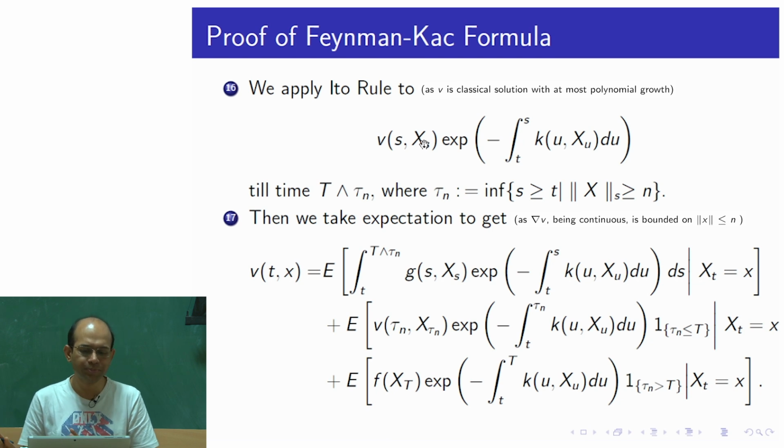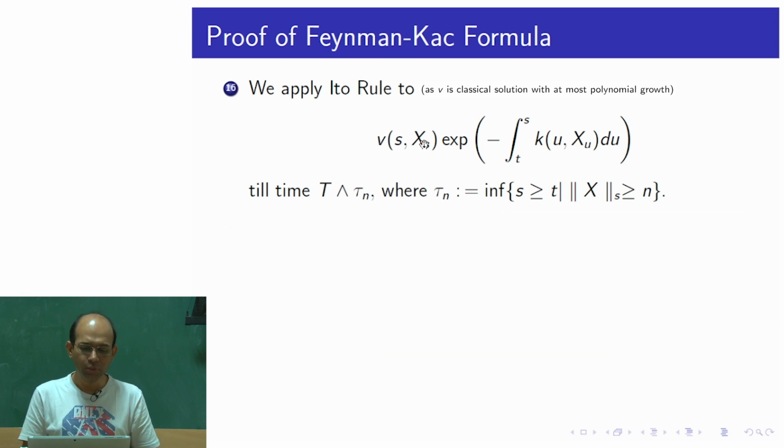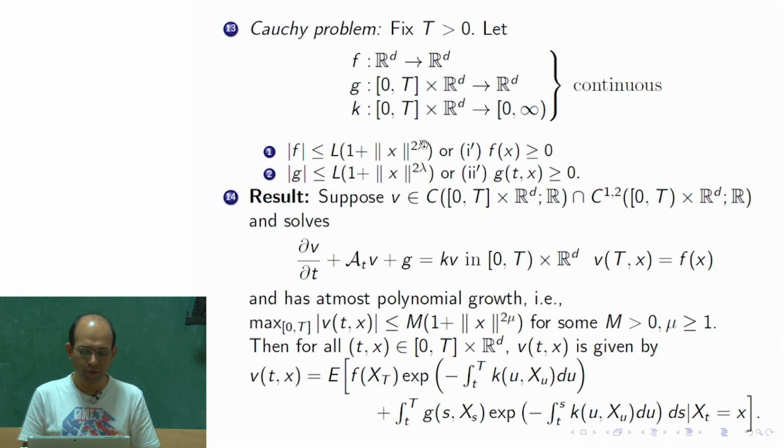From that we already know what those terms would be, and those terms already arise in the expression of the operator script A, and we know that V is a solution of this equation. Already this del V del t term and A_t V term would appear in Ito's formula, evaluated at s, x s and integrated from small t to capital T minimum tau n.